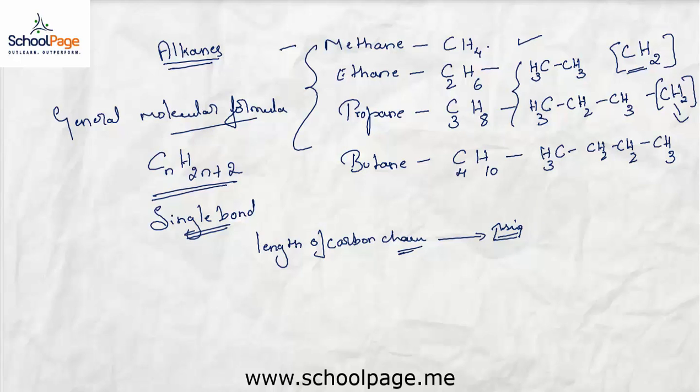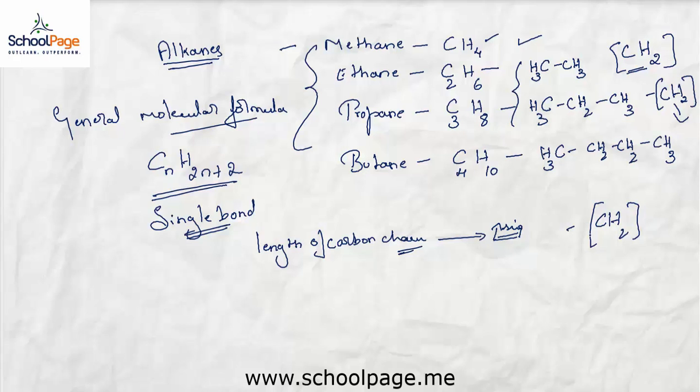So in the methane, it is only a single carbon, and as you move down, the number of carbon atoms goes on increasing, and hence the length goes on increasing. And when you check out the difference between the two alkanes, it is always a CH2 group. Further, they all have a general structural formula, general molecular formula, and share the common chemical and physical properties.